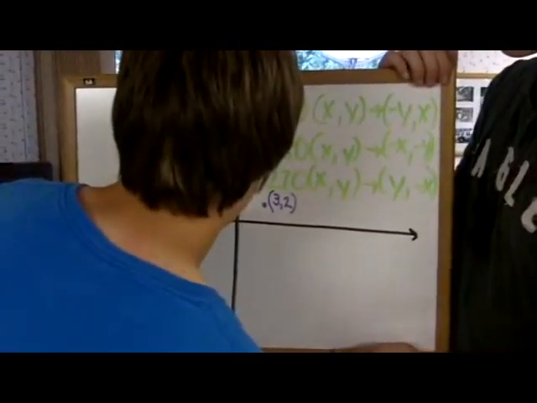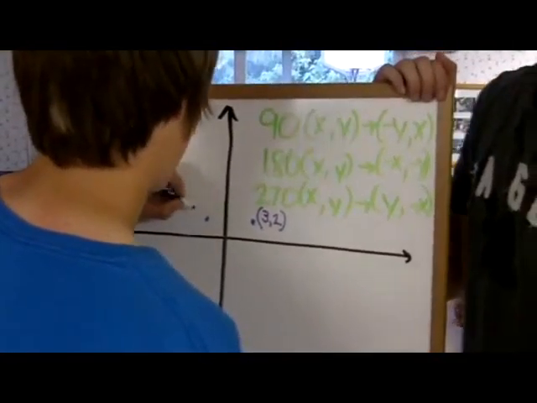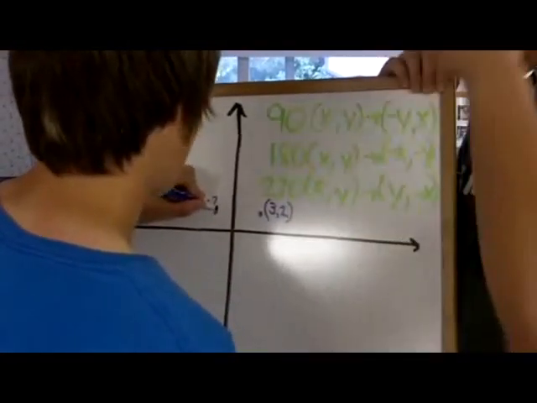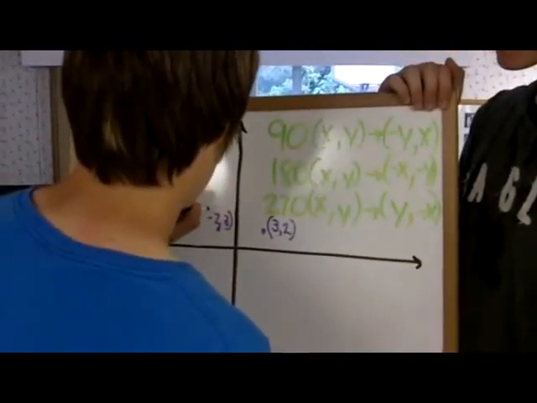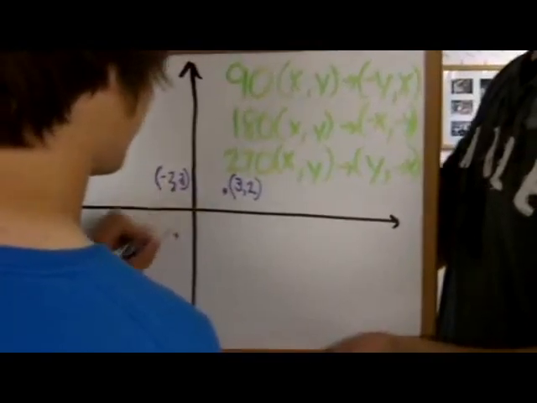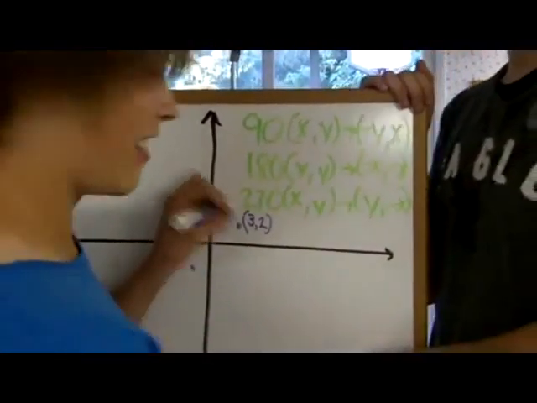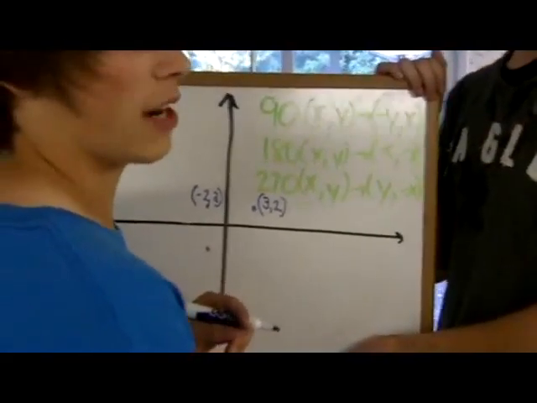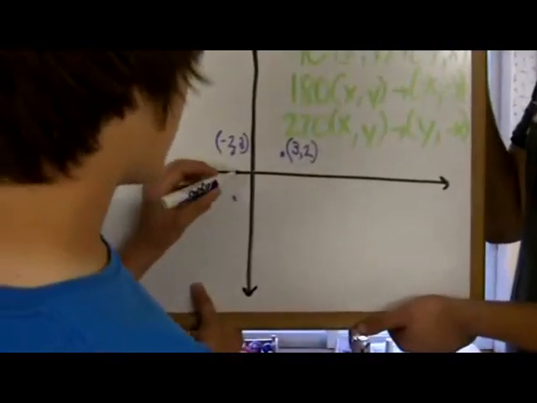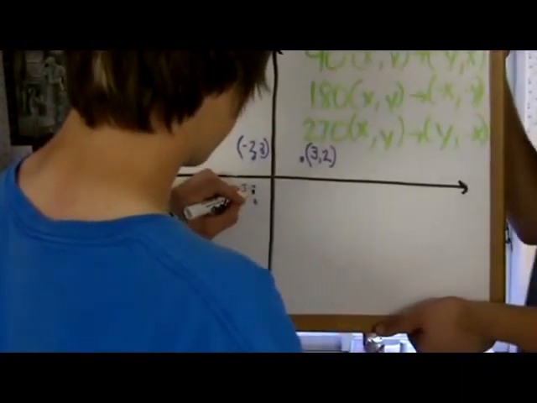So if we rotate 90 degrees over here, negative y being negative 2, x being 3. And if you want to go 90 more, so it's 180, you do negative x, negative y of the original, not that one, because it'll mess you up. So you have negative x, negative y, so it's negative 3, negative 2.